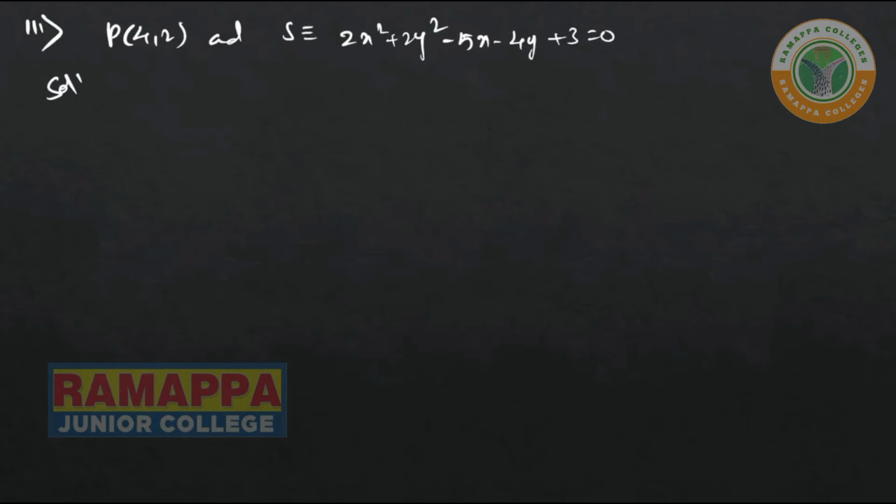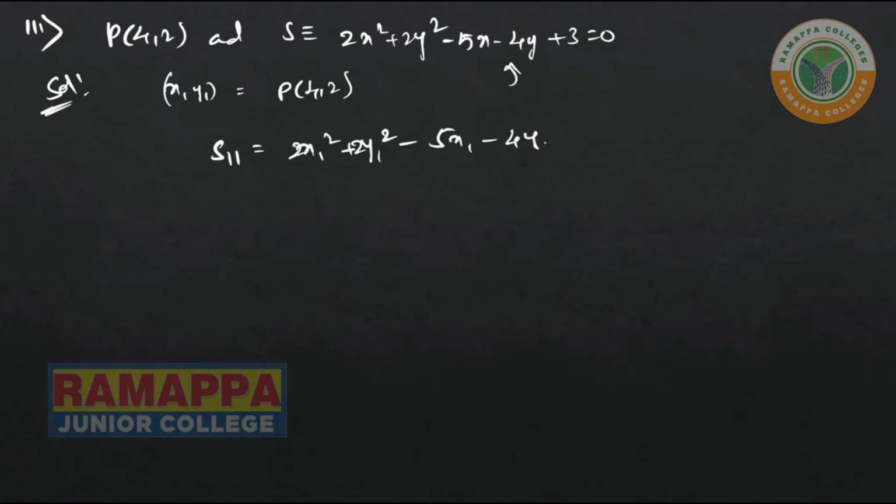Now third one solution. Here x1 comma y1 is given as 4 comma 2. Now the circle equation is given, and S11 is equal to 2x1 square plus 2y1 square minus 5x1 minus 4y1 plus 3.